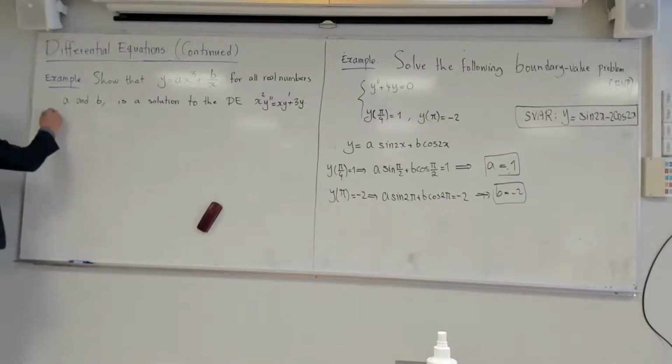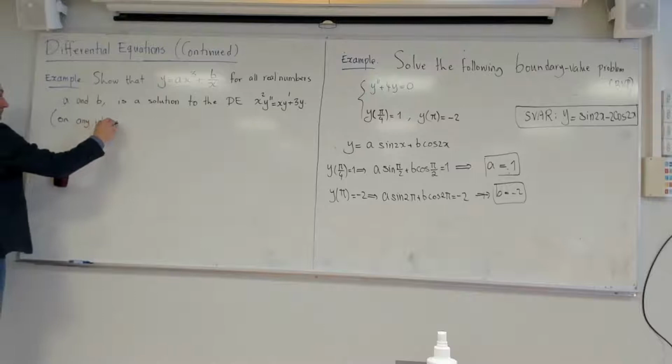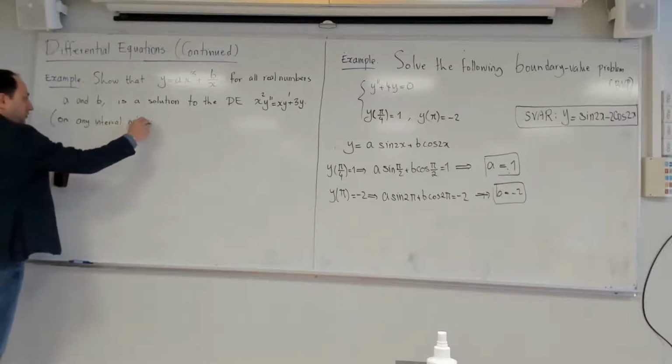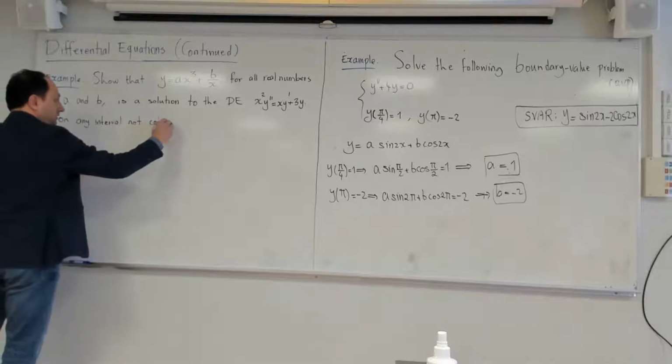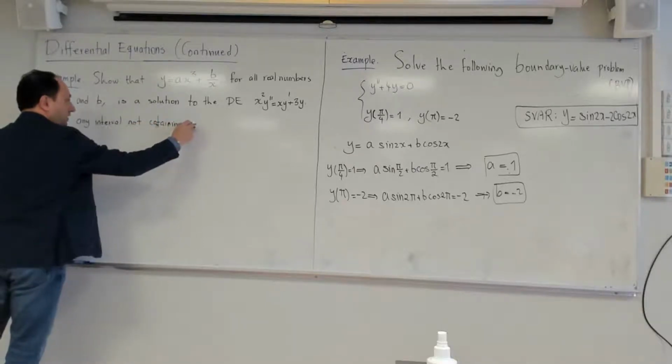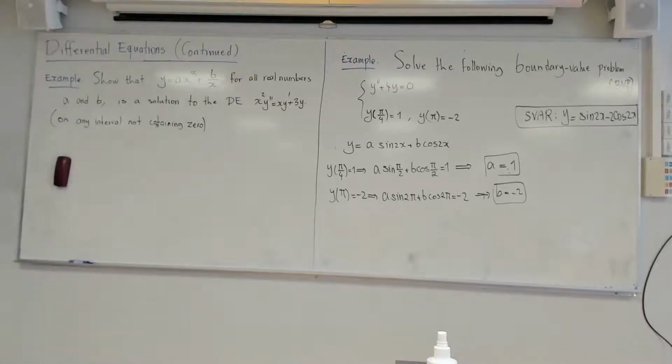Of course, if I want to be explicit, I should write: on any interval not containing 0. Why? Because it is clear that if the interval contains 0, my function is not even defined there.